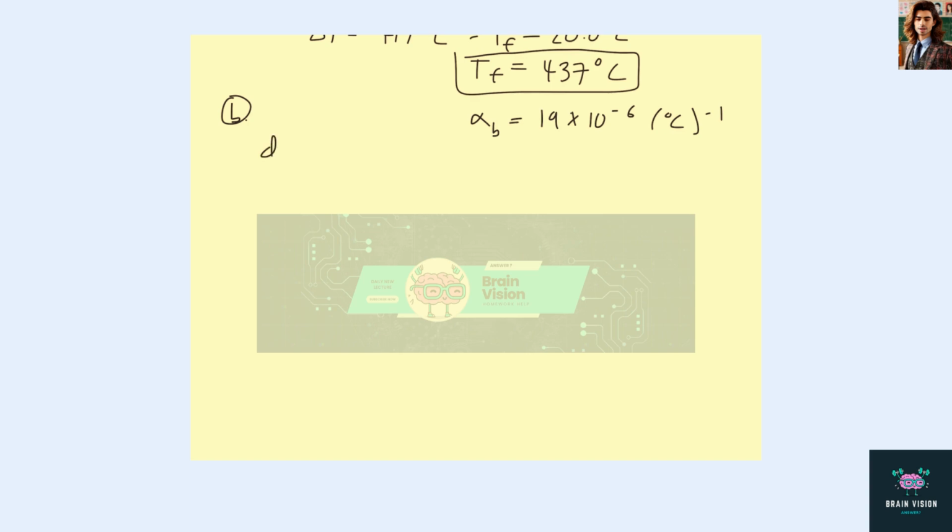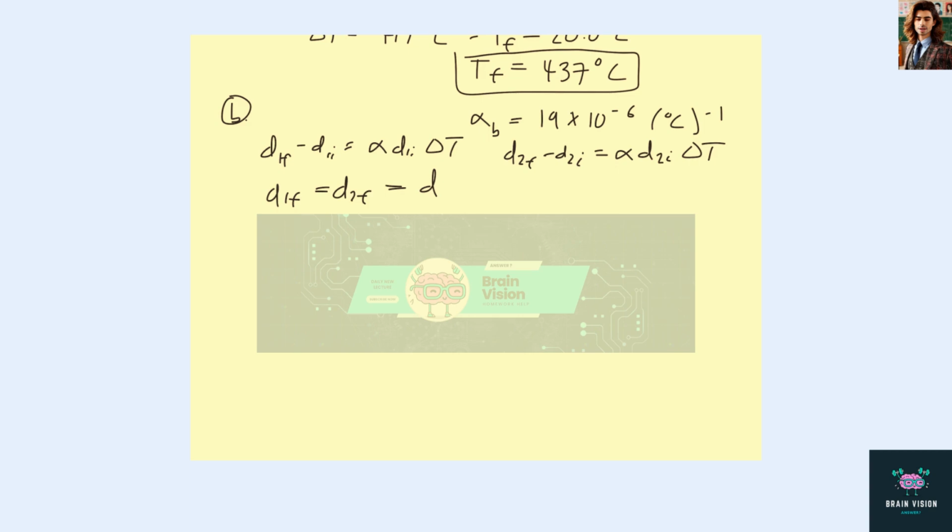For the ring, we'll have D1 final minus D1 initial is equal to alpha D1 initial delta T. Likewise for the rod, we'll have D2 final minus D2 initial is equal to alpha D2 initial delta T. We can plug in some numbers, and we can also say that D1 final is equal to D2 final, and just rewrite those as D. Now we know they're equal because in the question we want the ring to just barely fit over the rod. So again, they'll have the same diameter in the end.